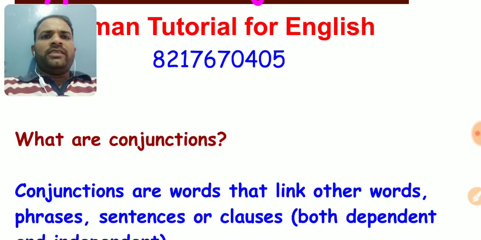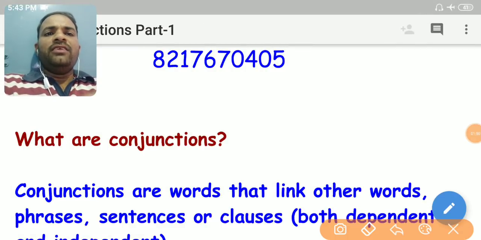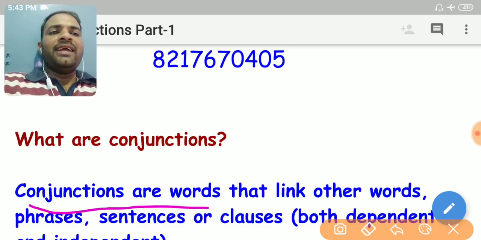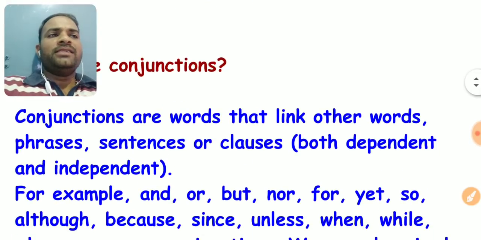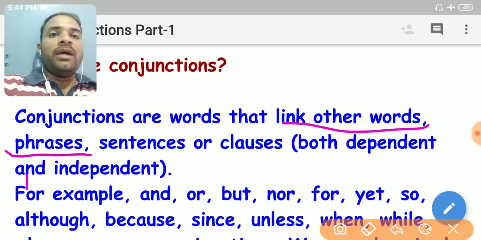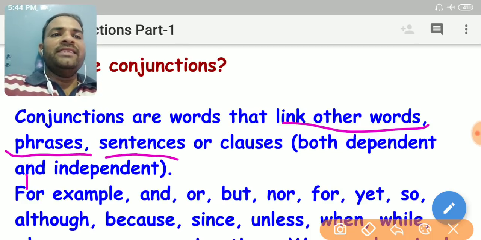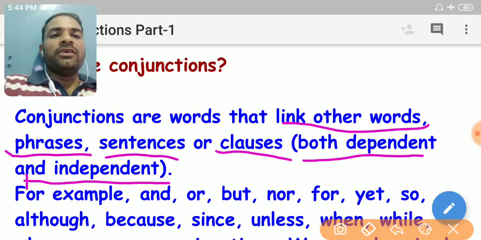So first we are going to discuss what are conjunctions. See, conjunctions are the words that link other words, at the same time other phrases, sentences, even clauses, maybe dependent clauses, or independent clauses also it's going to join, my dear friends.